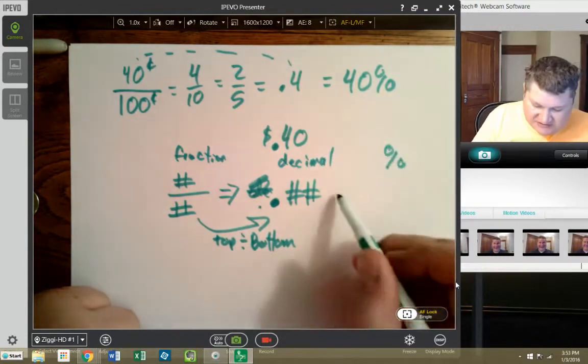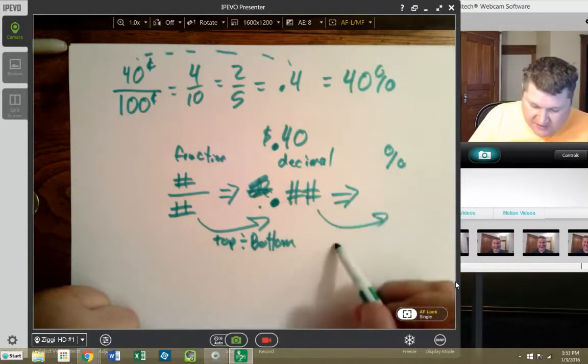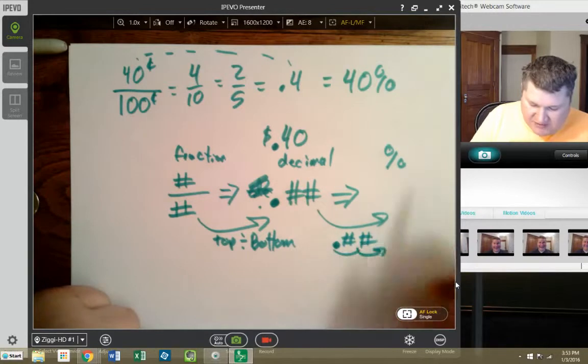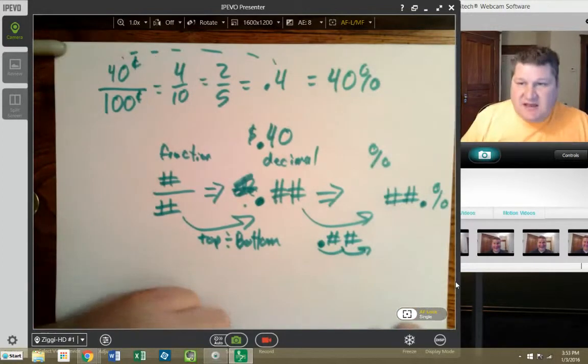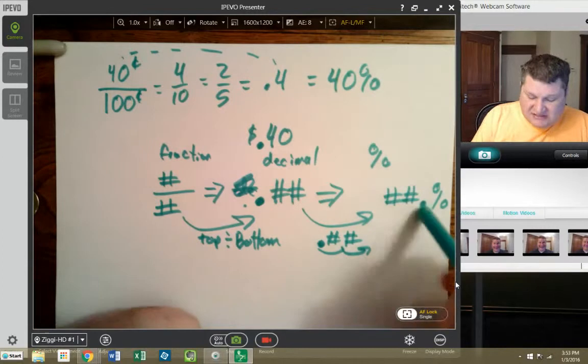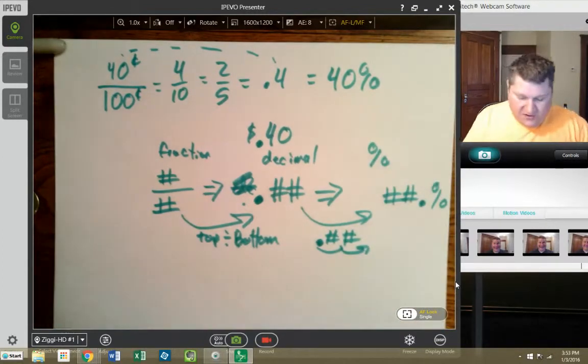To get to percentage, I take my decimal and I move it 1, 2 spots. So now I have a percentage. Now, by the way, you can actually get all the way back there.